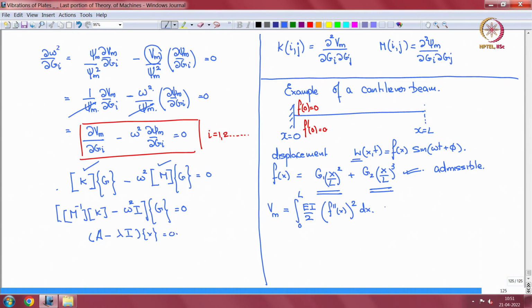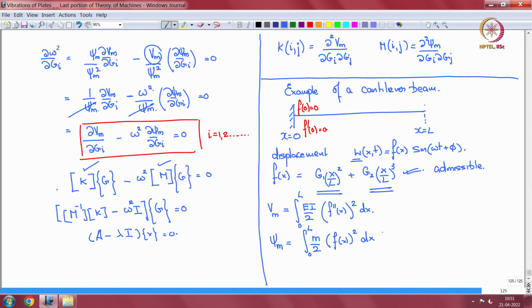Then what is psi m, the kinetic energy function? That is integral 0 to L, 1/2 of m, f of x whole squared dx.